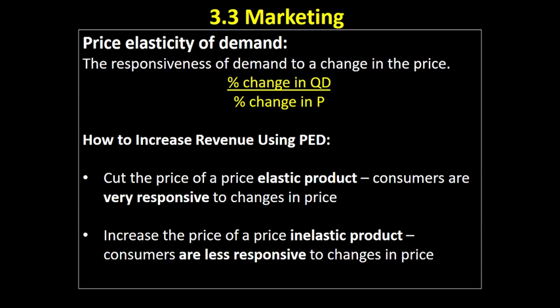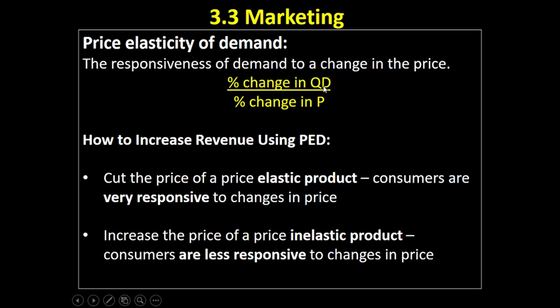However, if we know that we have a price inelastic product where consumers aren't very responsive to changes in price, that would enable us to raise our price. Say we do a 10% rise in price, the quantity demanded may only fall by 5%.